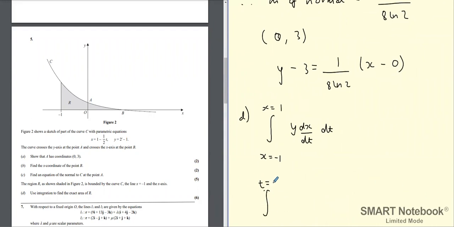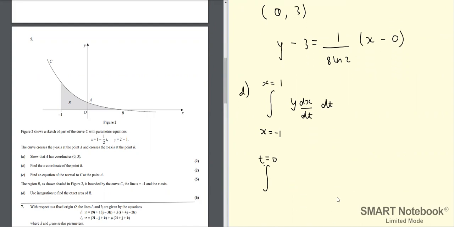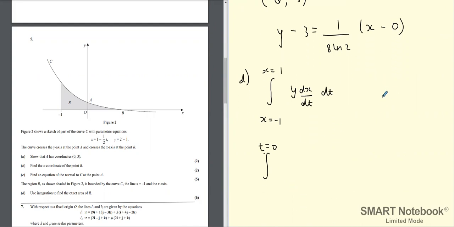So we've got t equals 0 here. Now, we know x equals minus 1, so minus 1 equals 1 minus a half t. So we get 2 equals a half t, and t equals 4.